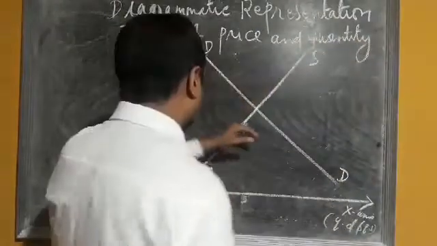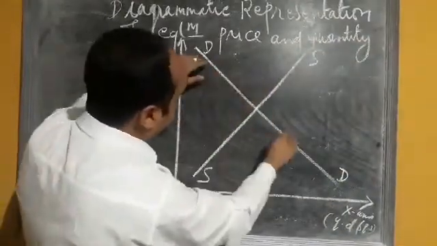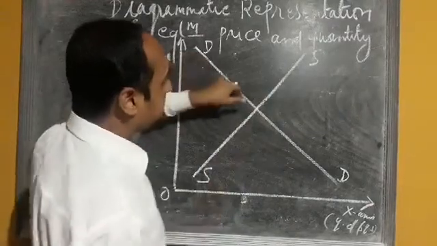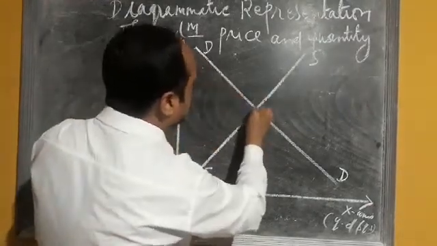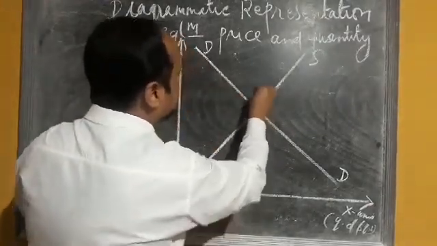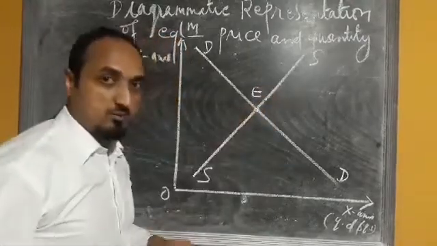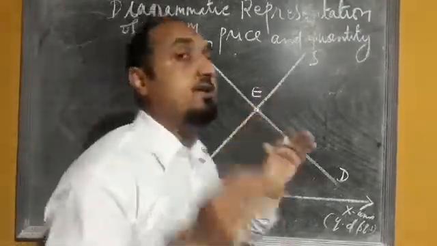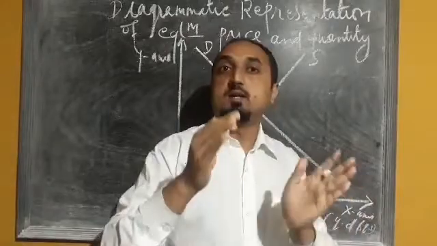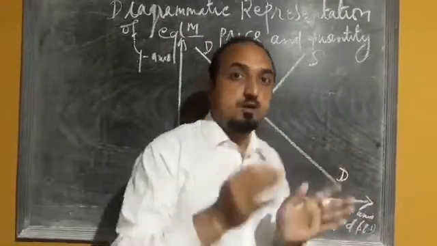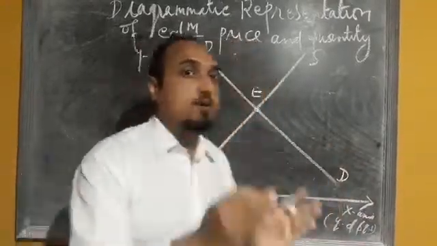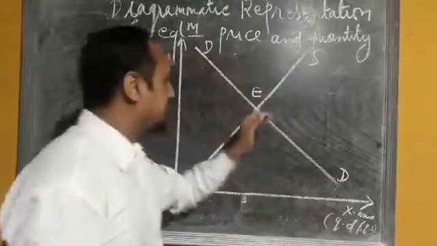If you see here, this is your demand curve and this is our supply curve. Demand and supply are intersecting each other at, suppose, point E. Now this point E is our equilibrium point. Why? Because the quantity demand and the quantity supply are the same at this point.